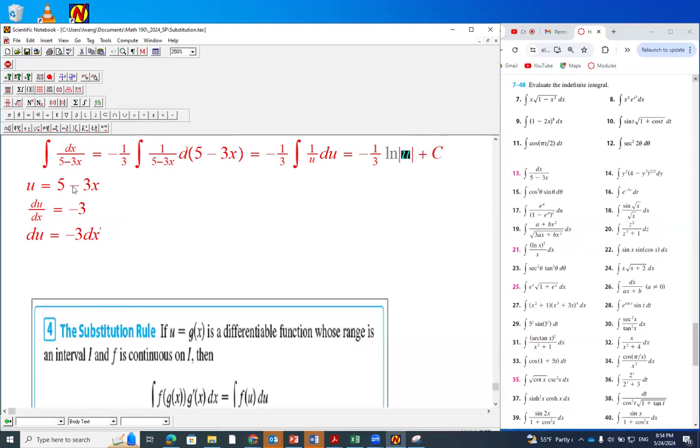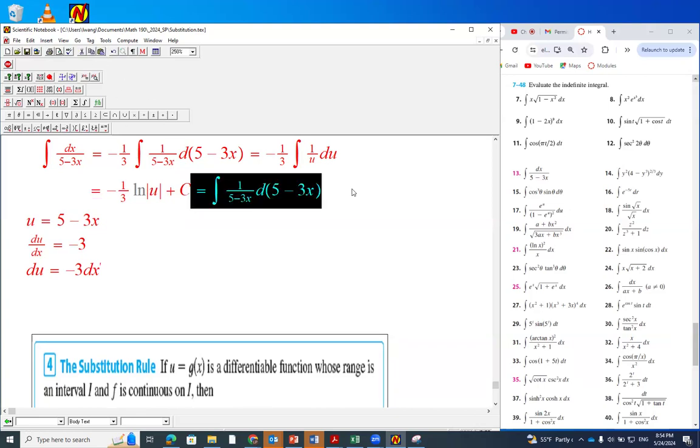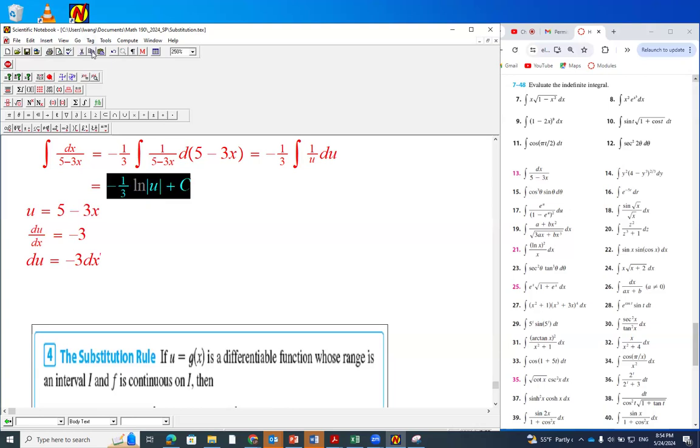And don't forget to replace u by its equal in terms of x. Oh, sorry, what did I do? Yeah, I can do copy and paste, right? So replacing u by its equal in terms of x. Done. Finished. Okay.